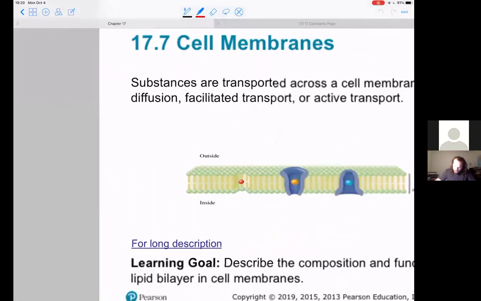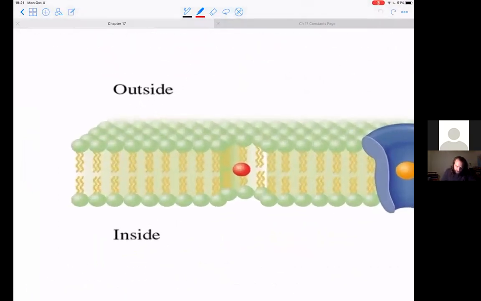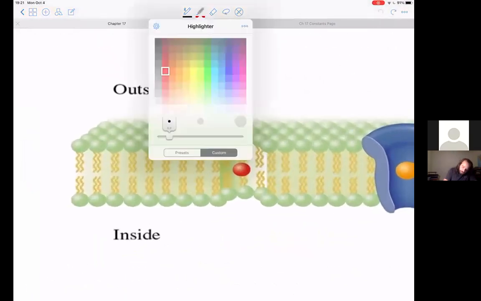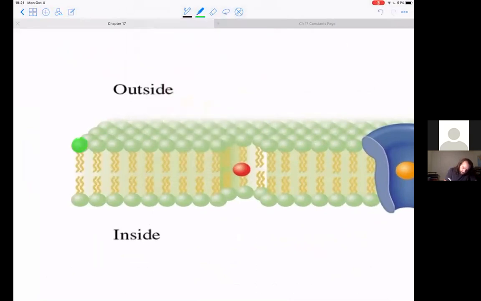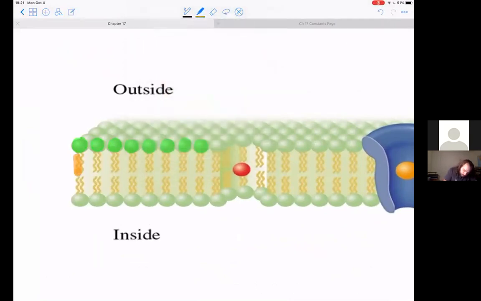These are different kinds of transports of stuff going into a cell or out of a cell, whatever. We're not going to focus on that. Let's look at the actual cell membrane itself. Each one of these is a glycerophospholipid. And the green portion represents the polar head, and the orange portion represents the nonpolar tails.